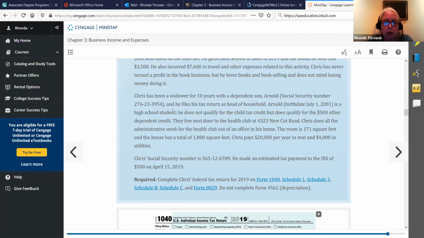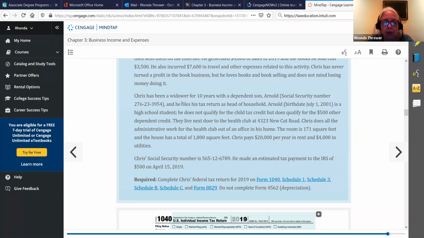Also, it says that Chris has been a widower for 10 years and he has a dependent son, Arnold. And they gave his social security number because on the tax forms now, when you record dependents, you have to know what their social security number is. He files his tax return as head of household. That's because he's a widower, he's single, and he's got a dependent that he can claim.